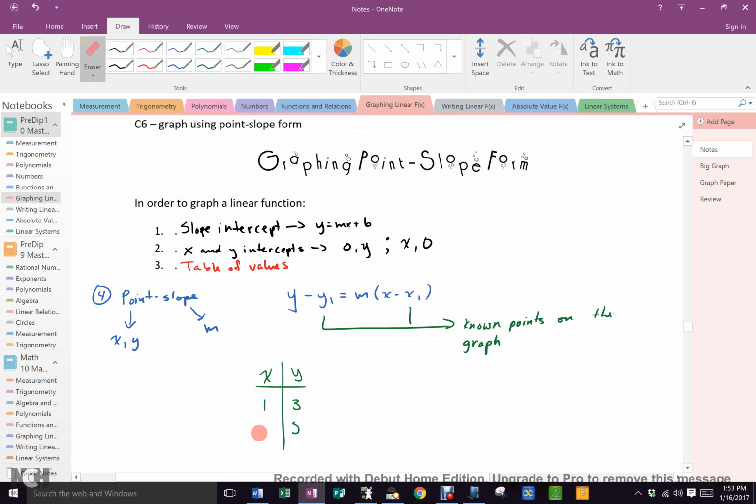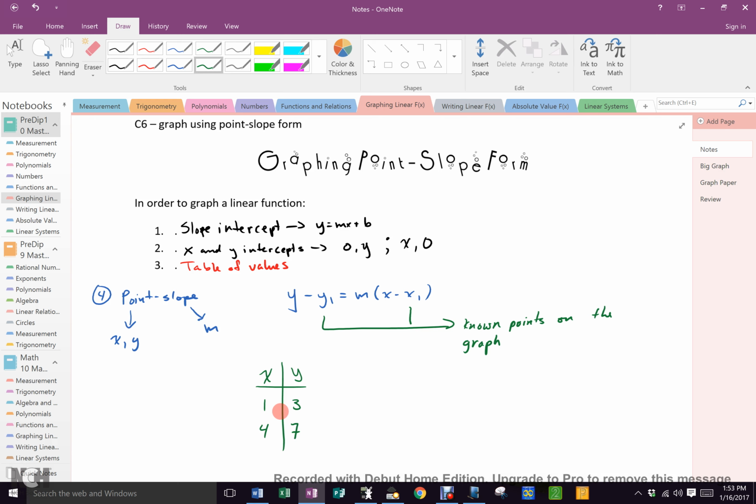Okay, that is 2 points on the graph, yes? Everybody agree? 2 points on a line. We can connect them, we're in business.